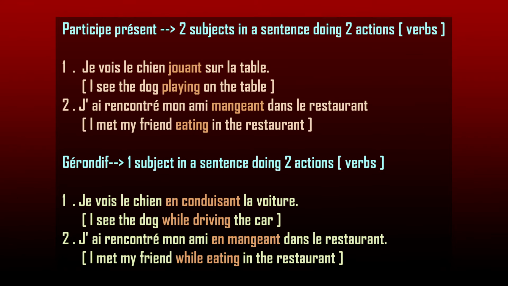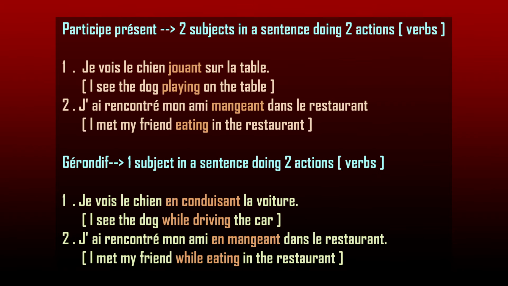I do the action of seeing as well as driving the car. Here I use the gérondif. I see the dog when I am driving the car. So we use the gérondif to make a sentence like Je vois le chien en conduisant la voiture.